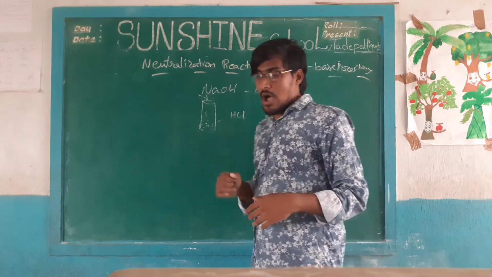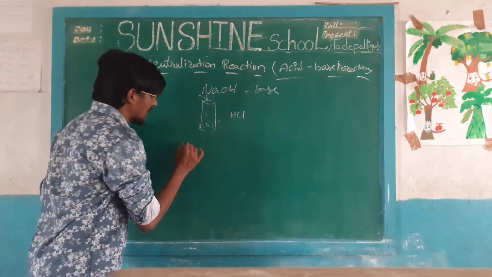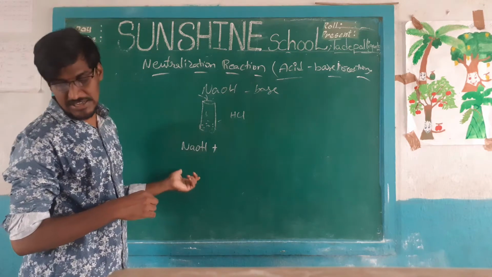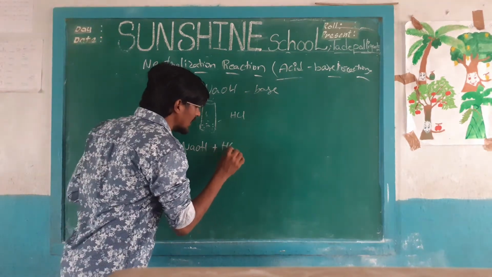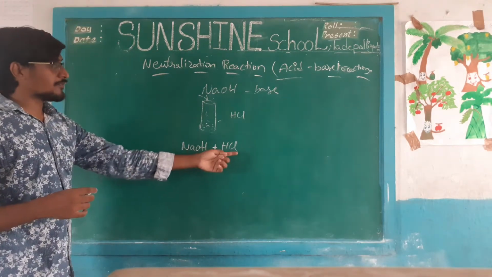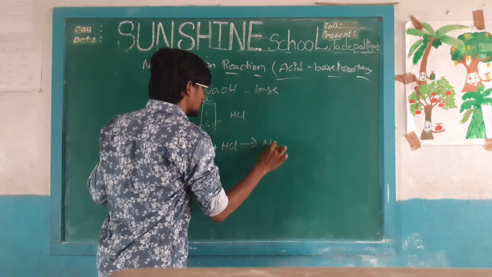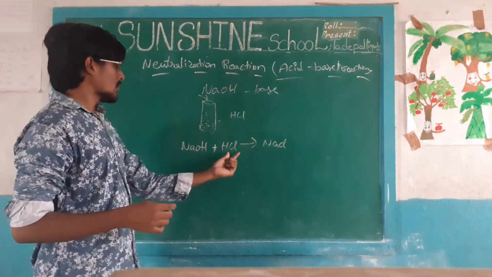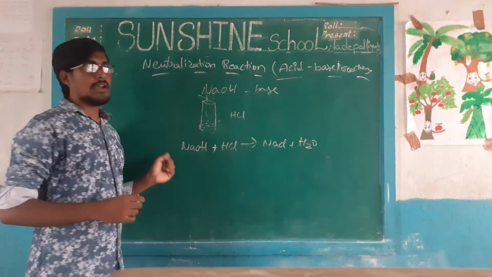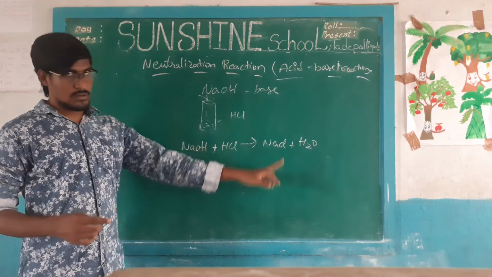How can we write this equation? NaOH, sodium hydroxide, plus HCl gives sodium chloride plus H2O.